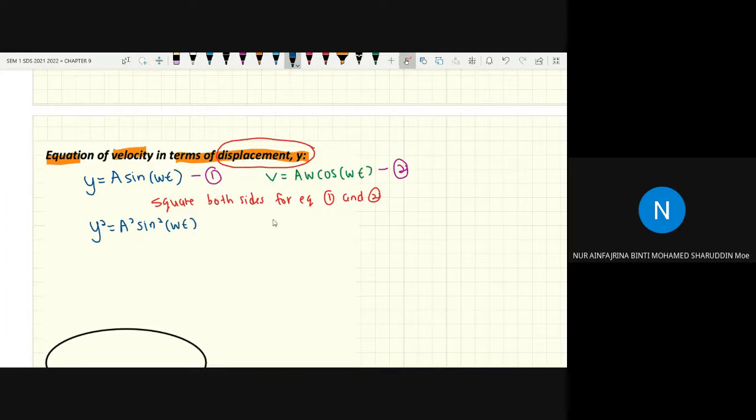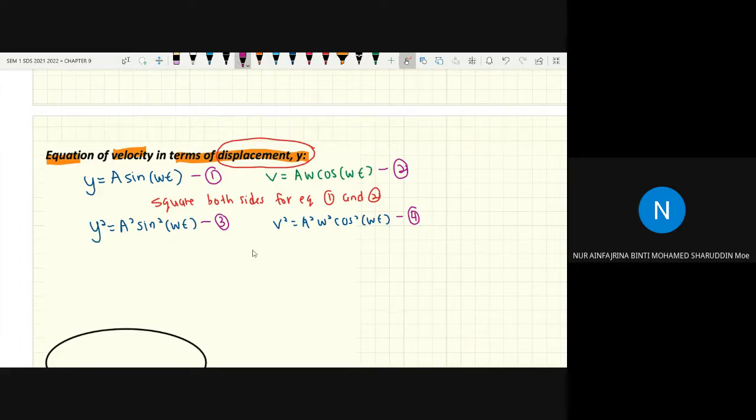Leave it. And then I'm going to square equation 2, both sides: v squared equals a squared omega squared cos squared omega t. So this is your third equation and this is your fourth equation.